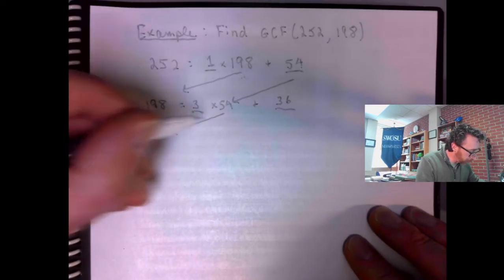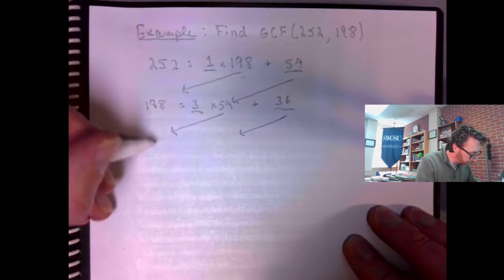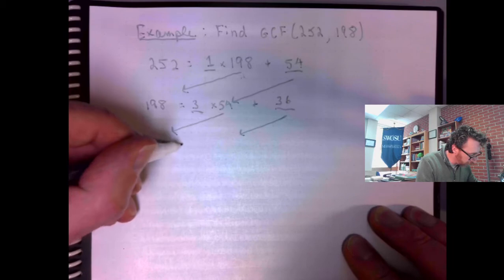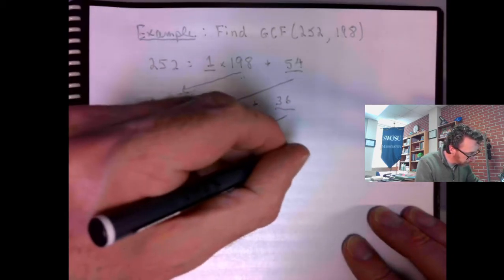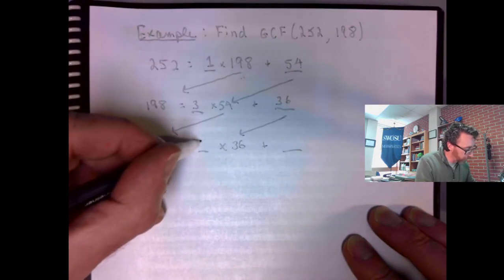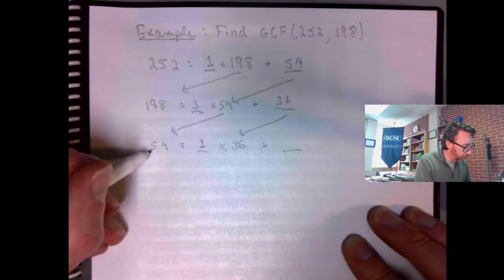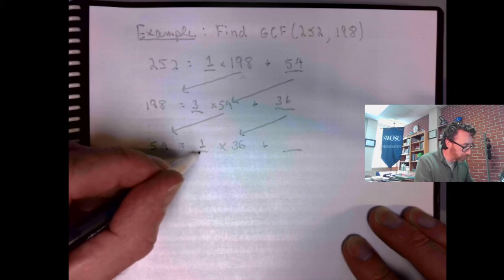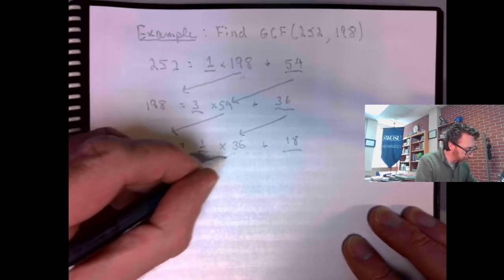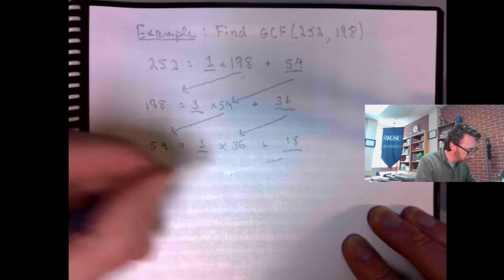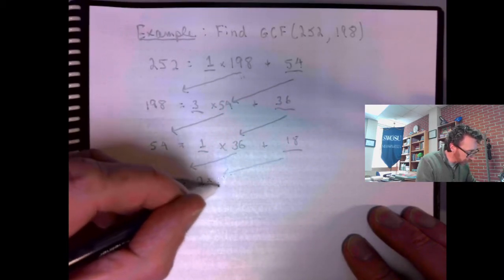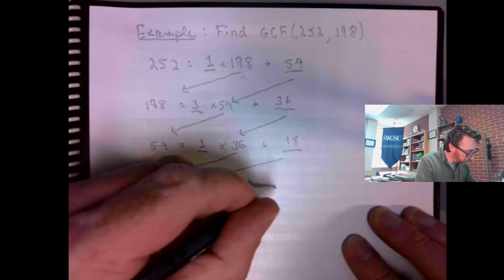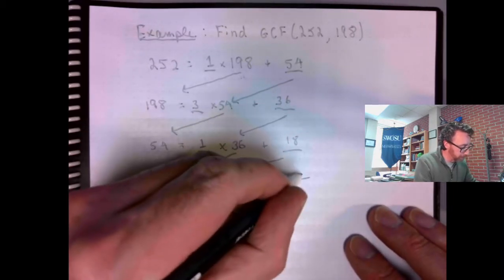Shift them over. So here we have to do some extra steps, but that's fine. The Euclidean algorithm will take care of all this. Okay, so we can only get one copy of 36 into 54, so the quotient is 1, the remainder is 18. Now 36 equals 2 times 18 plus 0.